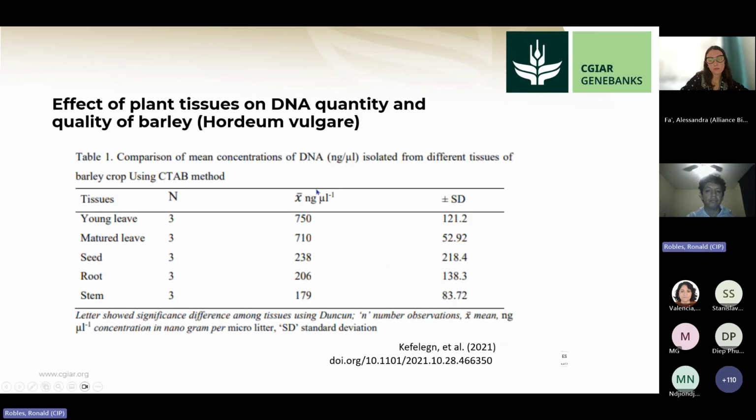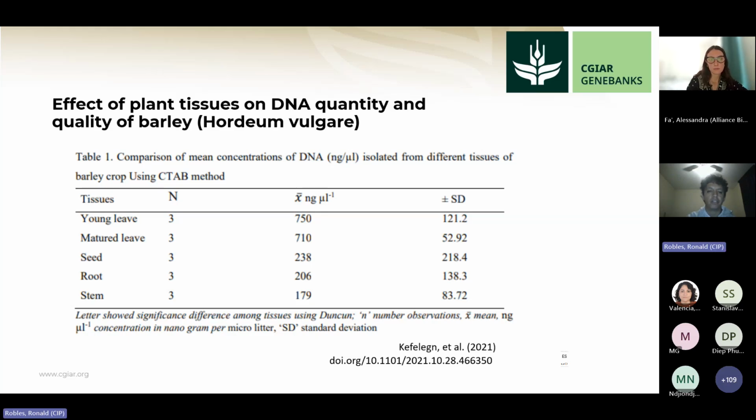Here I have a table for the first consideration, which tissue you need. Here we have the results of the amounts of DNA that are produced by different tissues. Here we have the young leaves. They also tried to extract from mature leaves, seeds, roots, and the stems. And you can see here that the best results, the highest amount of DNA, is obtained from leaves.